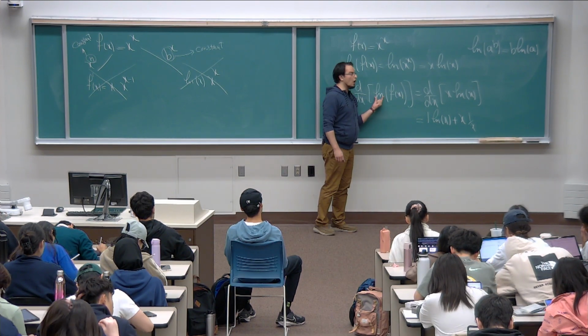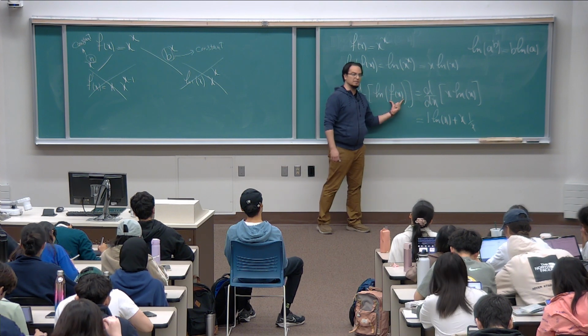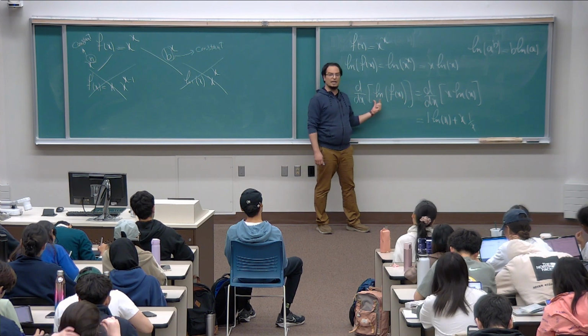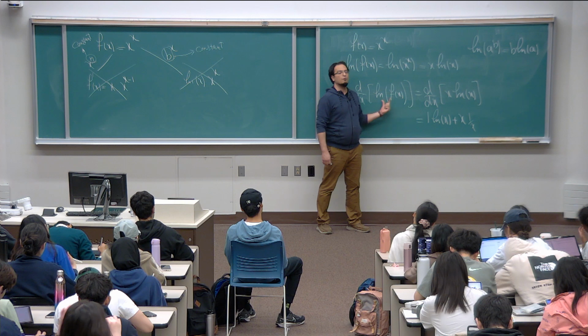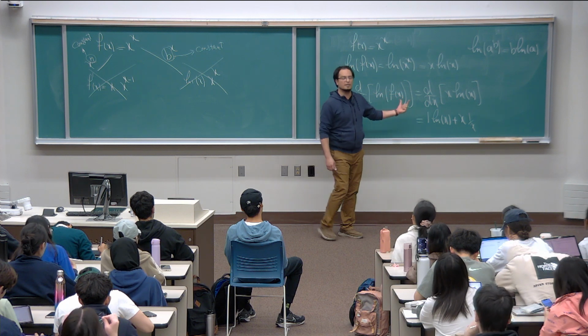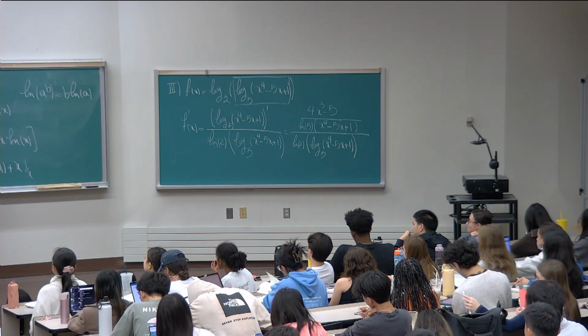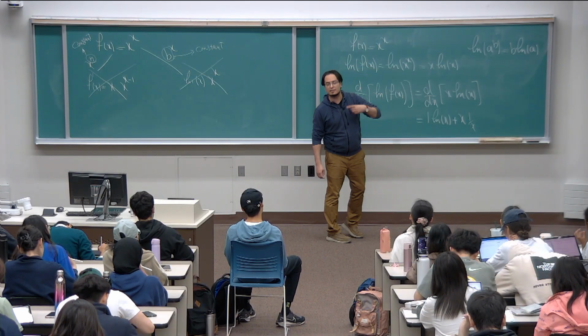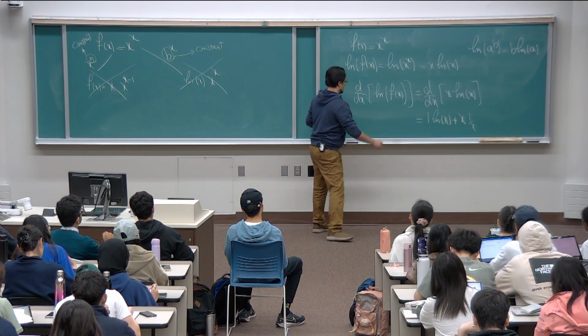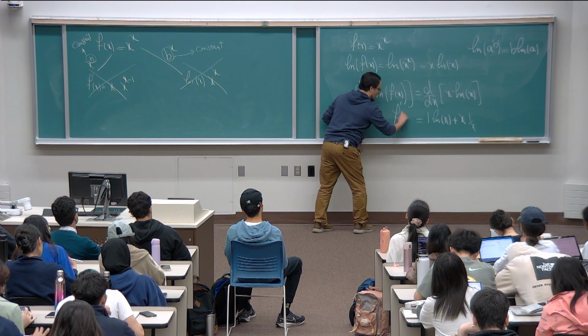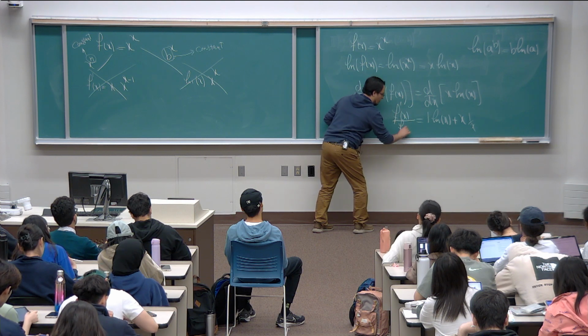Now I have ln of something on the left-hand side. I want to differentiate ln of box. What is the derivative of ln of box? Louder. Thank you. F prime x over f of x.